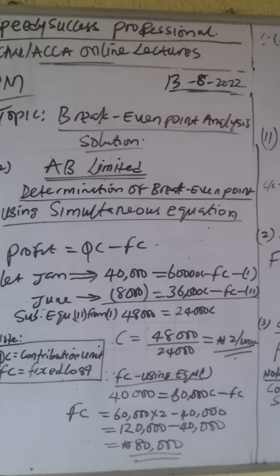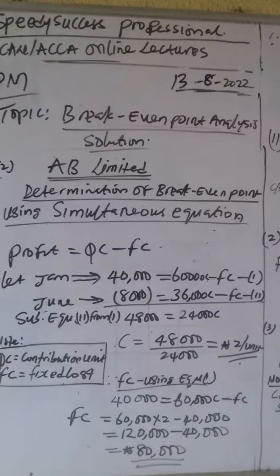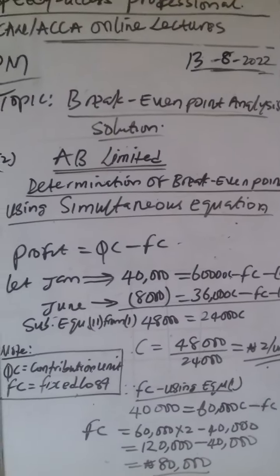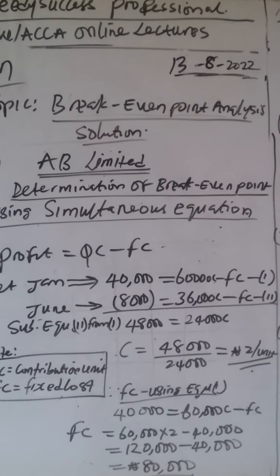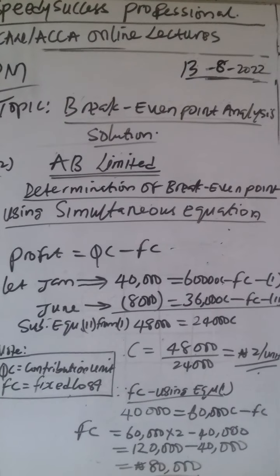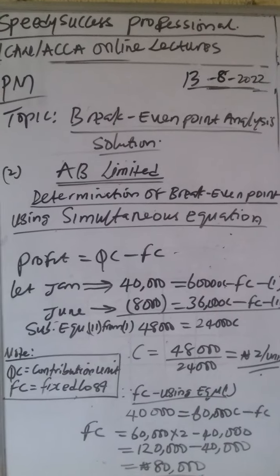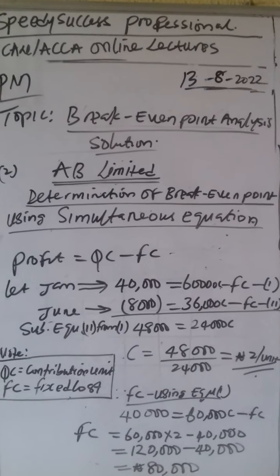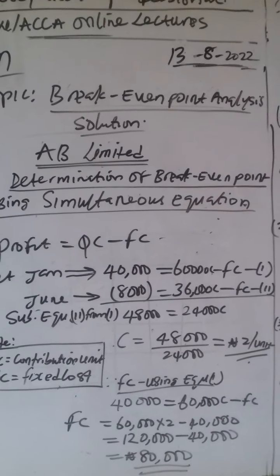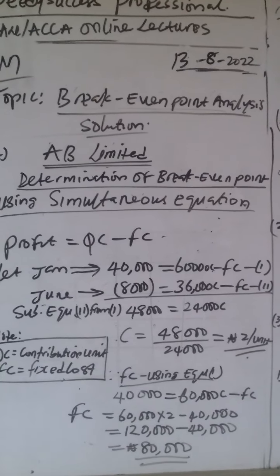Using the formula, subtract equation 2 from equation 1, making sure that you understand very well the mathematical signs of plus or minus. When you take away minus 8,000 from 40,000, you will have 40,000 plus 8,000, which gives you 48,000 in positive.